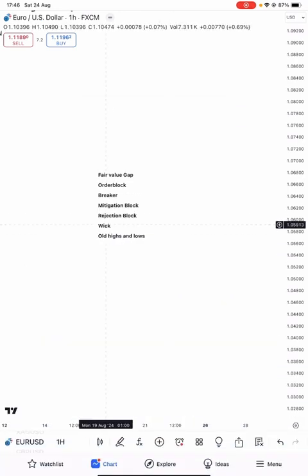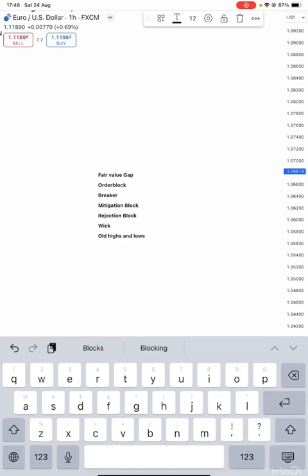And finally all the highs and lows, that usually, as you know, wicks are liquidity pools, all rejection blocks are liquidity pools, all the highs and lows are liquidity pools, and same for fair value gap. Order block, breaker, mitigation block are specific, and also there is a specific price level.